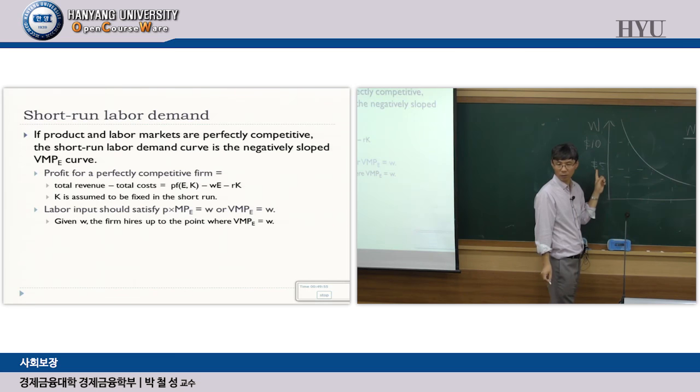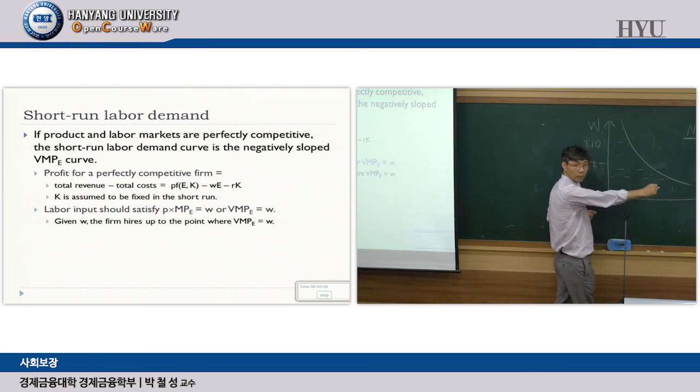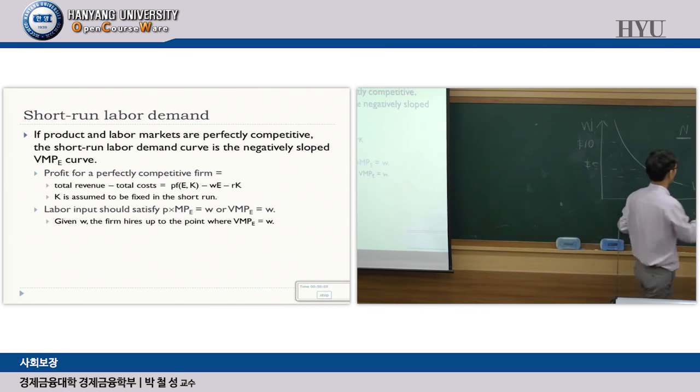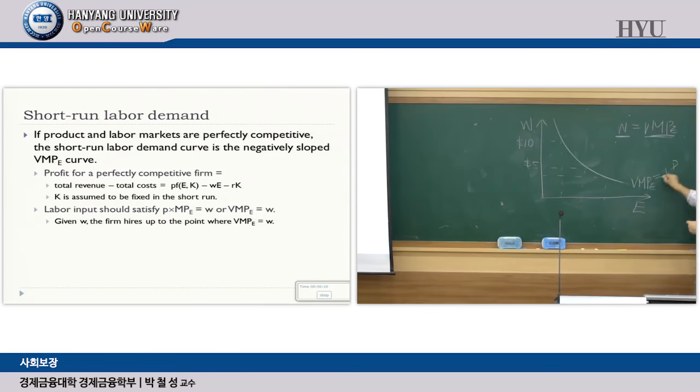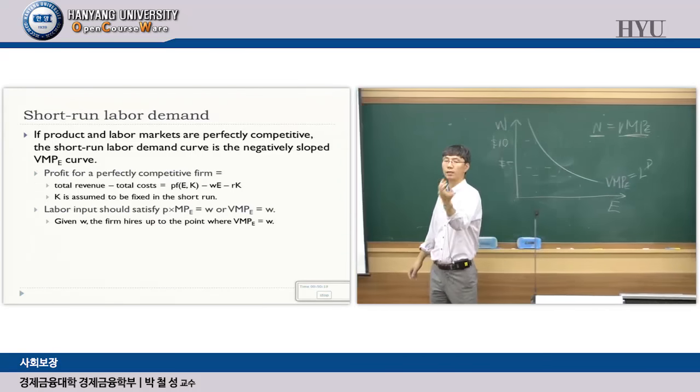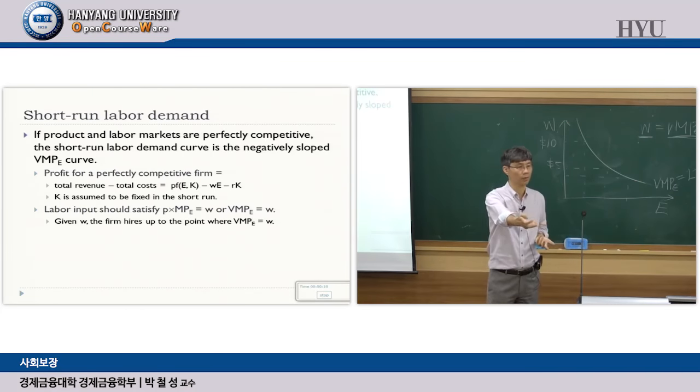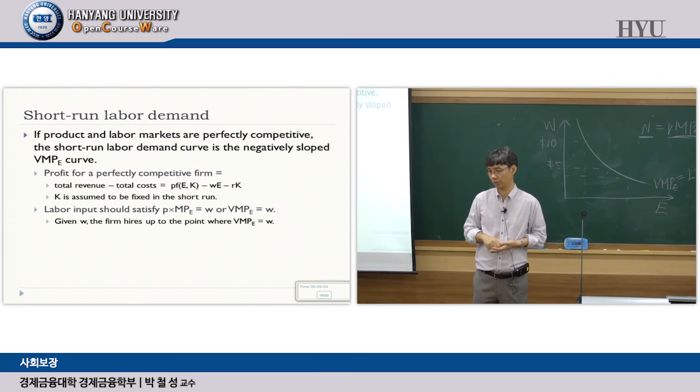So this VMP curve basically tells us how much labor input this firm is going to use. So VMP is actually the labor demand curve. Once we know the VMPE schedule, then we know how much labor input they're going to use.